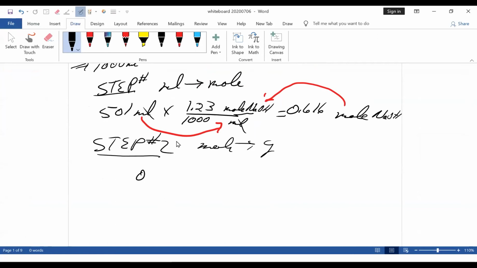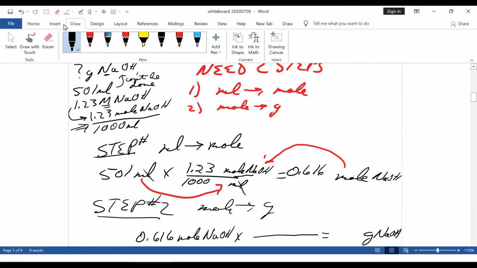I have 0.616 moles NaOH. I want to go to grams NaOH because that's what I'm trying to find. You look up here, we're trying to find grams of NaOH.